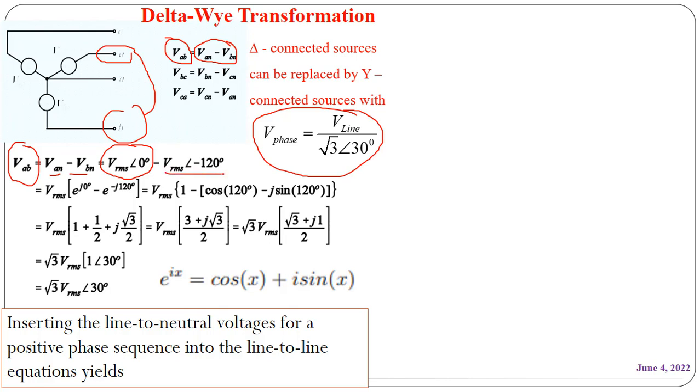Then by using Euler's formula, we have VRMS times e to the power of j0 degrees minus e to the power of minus j120 degrees.